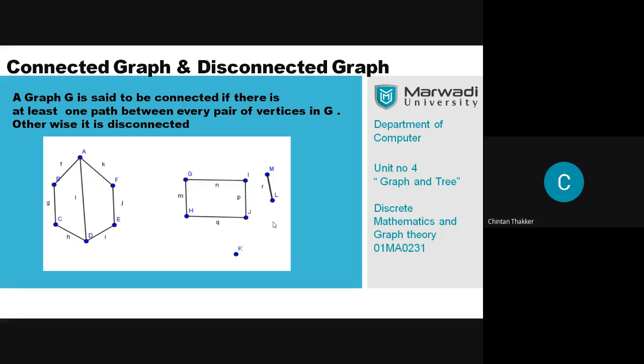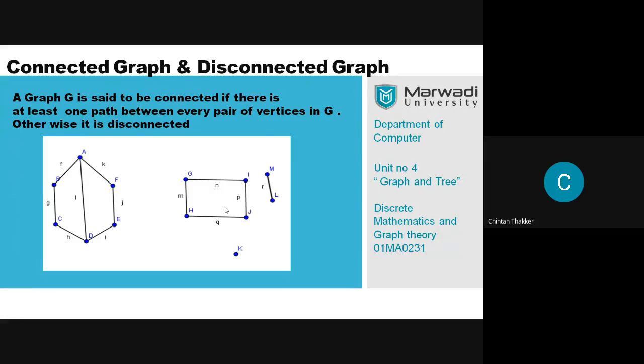Previously, when we gave the example of an isolated vertex and a pendant vertex, at that time also we used a disconnected graph. This graph is called disconnected because K is not joined with any vertex by any path.